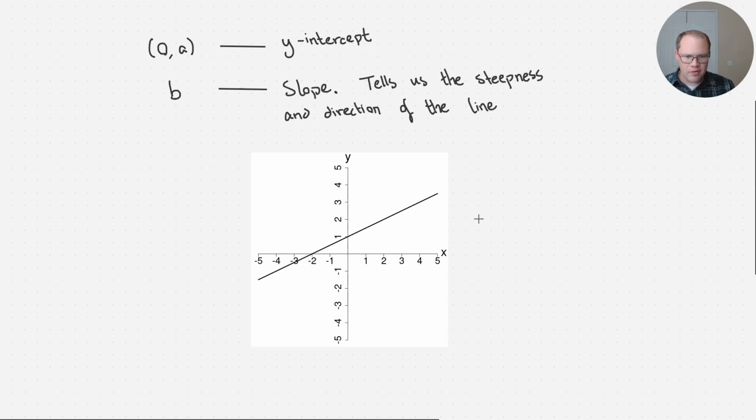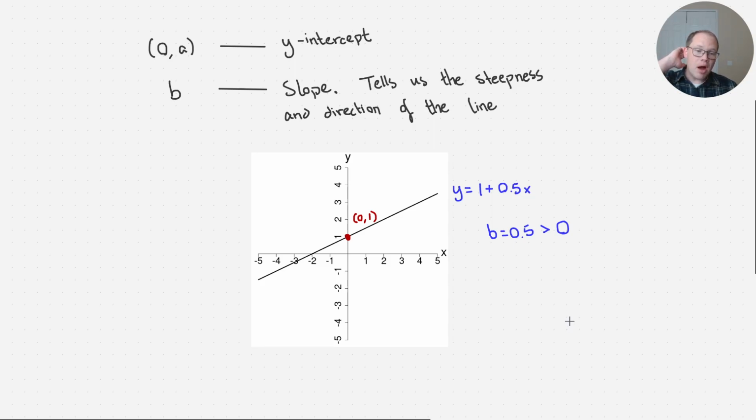So here we have the line y equals 1 plus 0.5 times x. Let me write it over here to the side so I don't cover up the numbers. So my y-intercept is 1. When I look at the y-axis right here, I am going through the point 0, 1. So 1 is the value of a. And my b, my slope, is 0.5. That is a positive number.